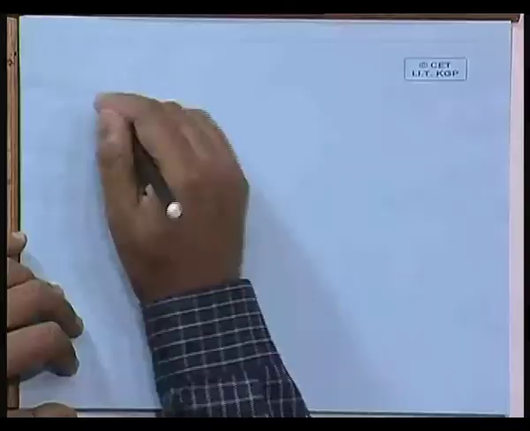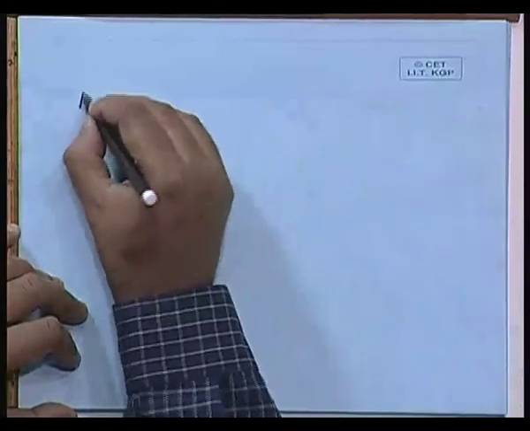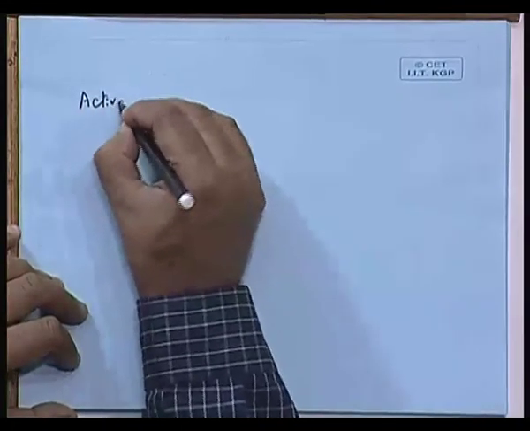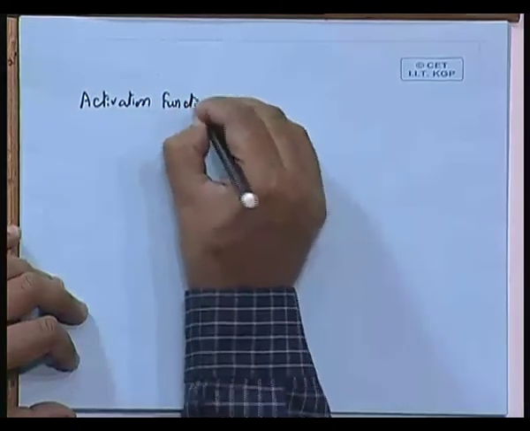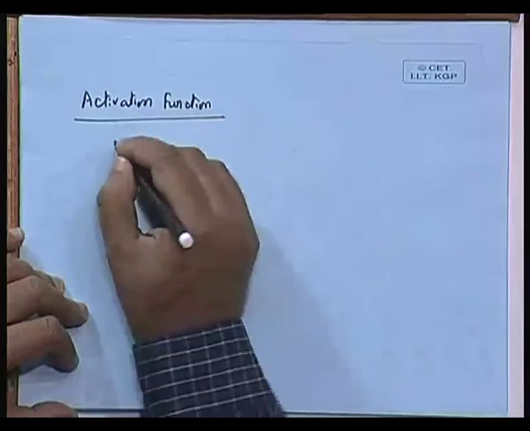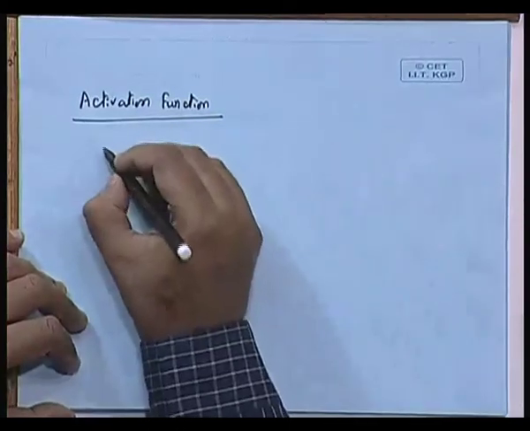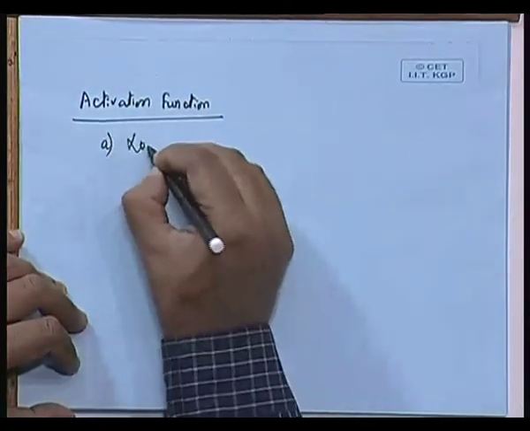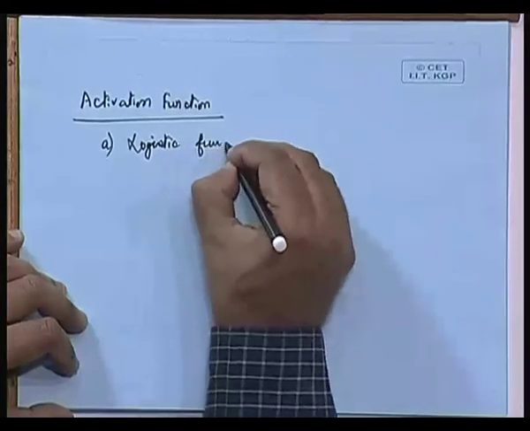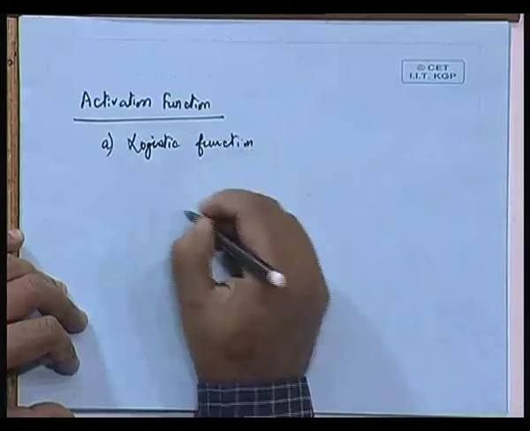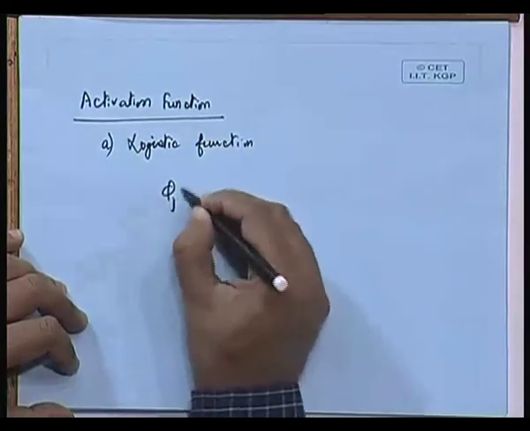So, let me first consider the activation functions for the backpropagation network, in which I am going to consider the example of the sigmoidal function, and especially the logistic function. We have the logistic function defined as follows.